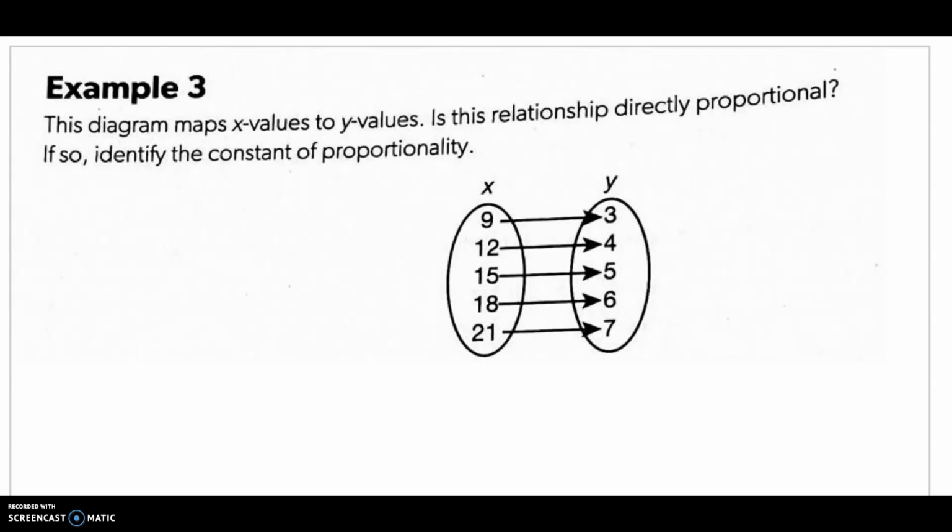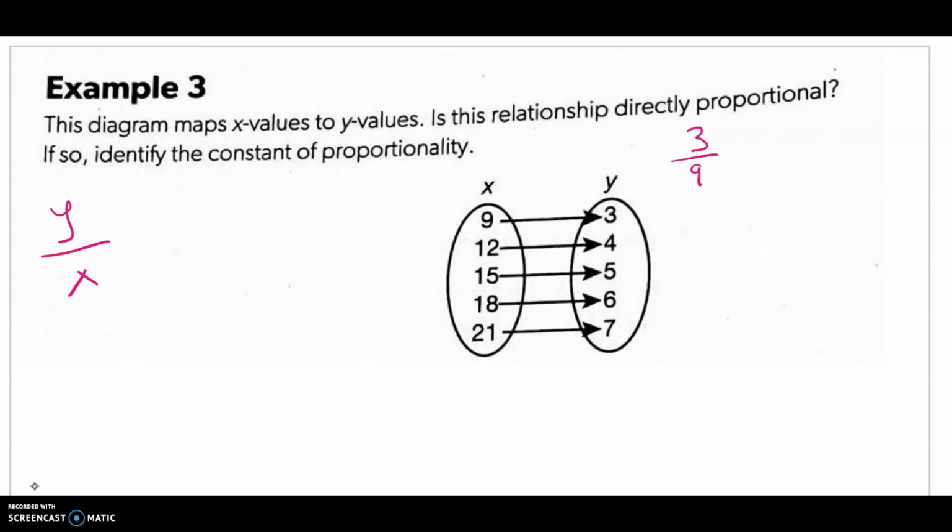Example 3. This diagram maps x values to y values. Is this relationship directly proportional? If so, identify the constant of proportionality. Our first step is to write ratios for each pair of values in the form of y over x. Our first pair would be 3/9.